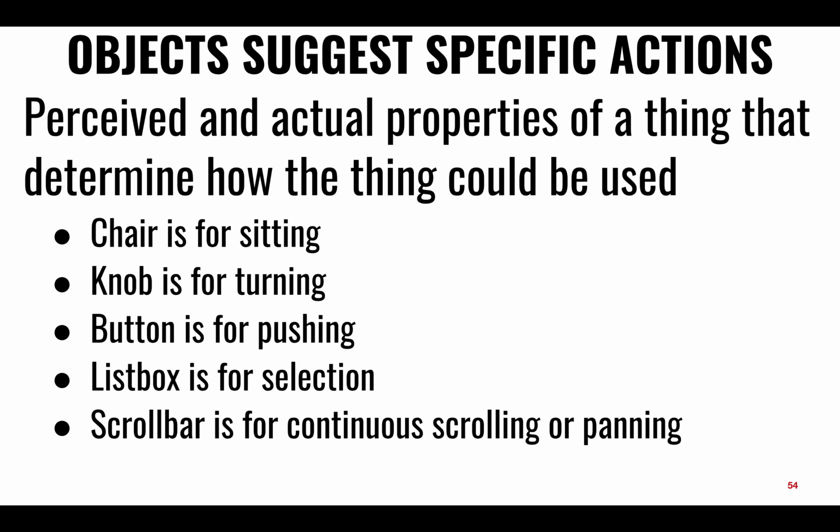Certain things are just for one thing, like a chair is for sitting, or breaking a window. It has a constraint on what you can do with it, and by creating user interfaces that provide certain constraints, it minimizes the guesswork of what the user might use an interface for.